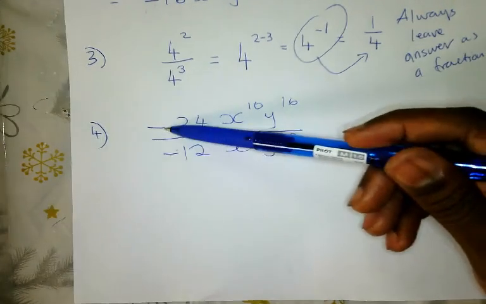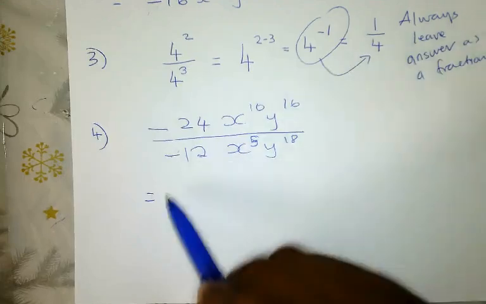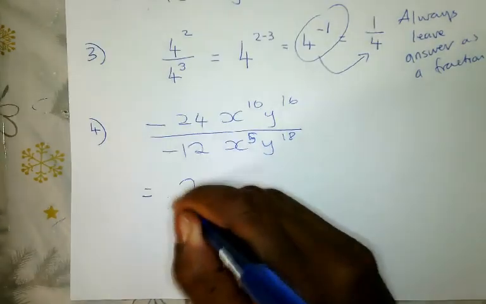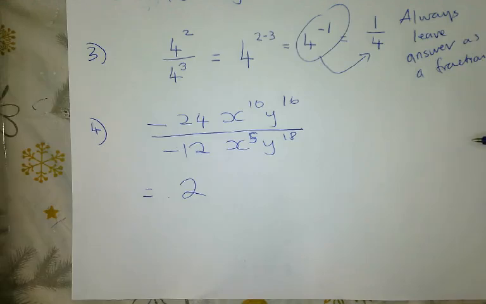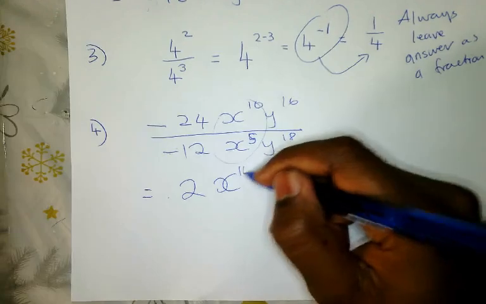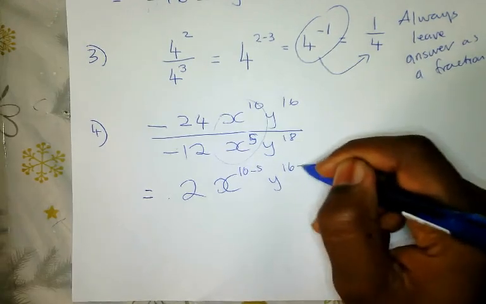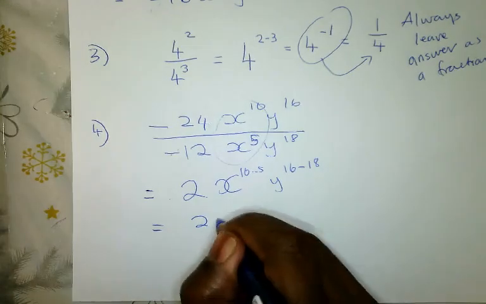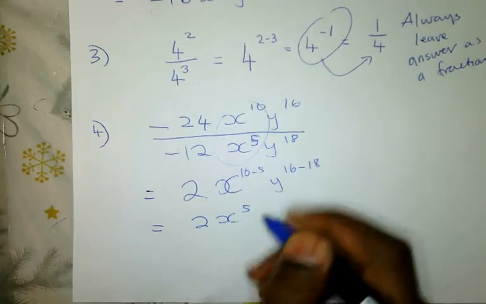12 goes into 24 how many times? Twice. Is that fine? And then here, what are we going to do? Subtract. What is 10 minus 5? What is 16 minus 18? So 2x to the power of 5 and then y raised to the negative 2.